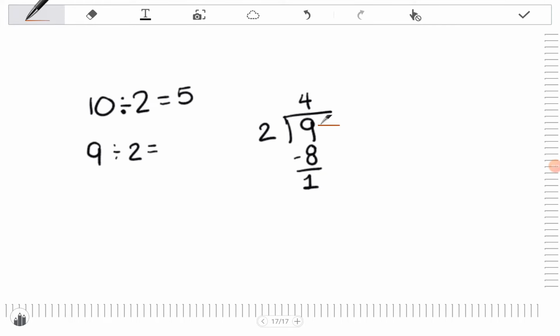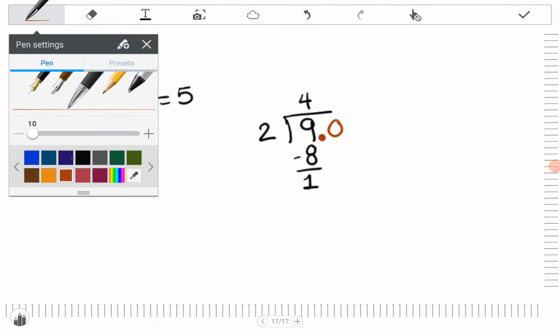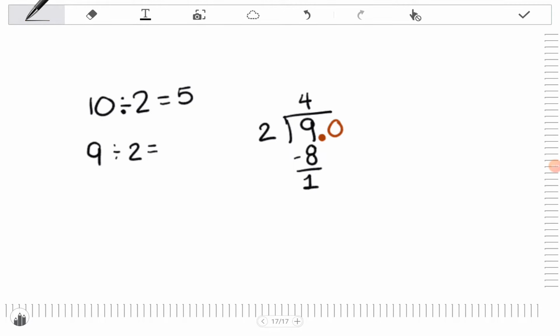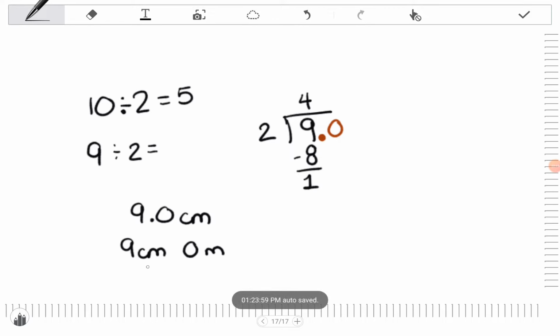Now we know that 9 is equal to 9.0. There is no difference between 9 and 9.0. Why? For example, if we're talking about centimeters and millimeters, if I have 9.0 centimeters, this is exactly the same as having 9 centimeters and 0 millimeters, which is exactly the same as having just 9 centimeters.